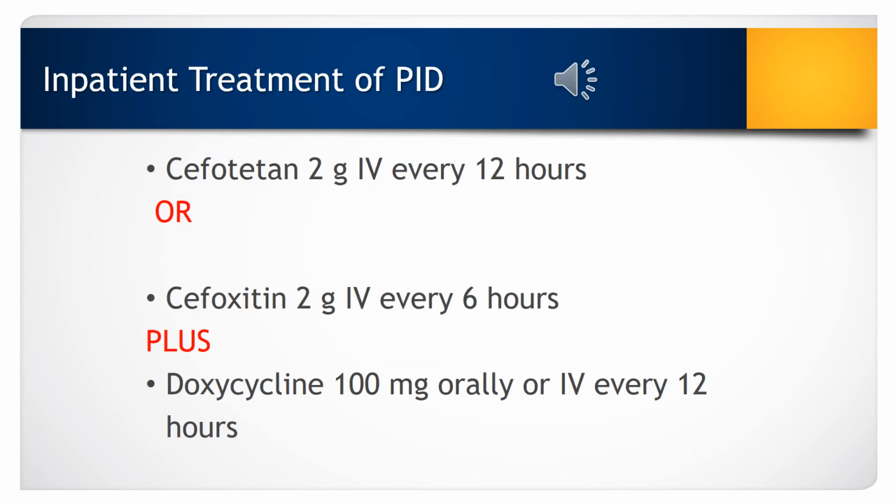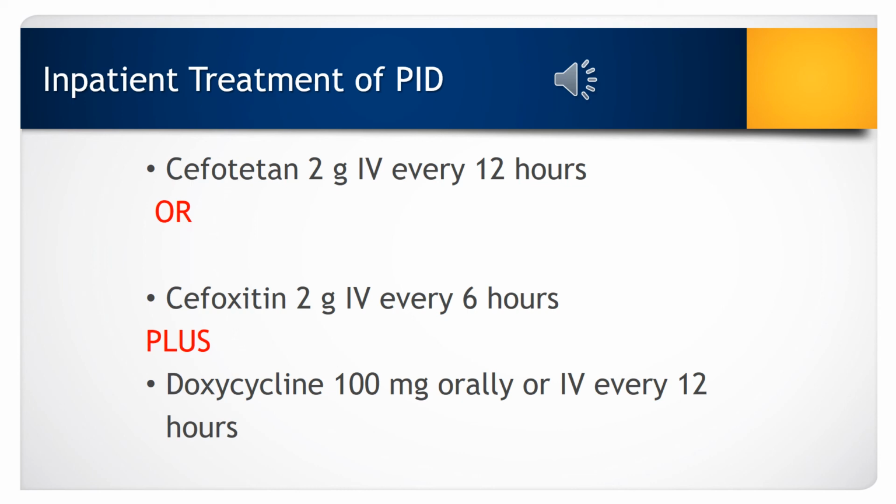There are instances where inpatient treatment for PID is optimal. For example, if a woman is pregnant, she should be treated on an inpatient basis. If you have a woman who may not follow through on the prescribed outpatient regimen, it's best to admit her for inpatient treatment.